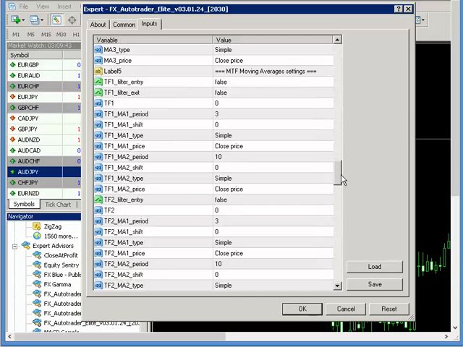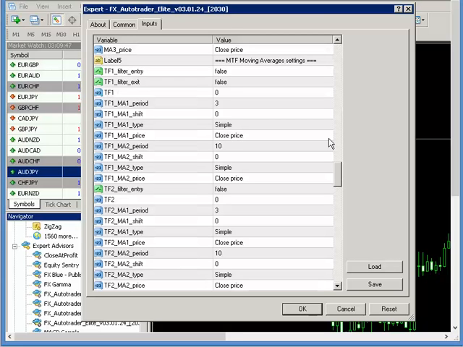We also have multi-time frame moving averages, 3 of them. So if you're trading on the 15-minute chart, but you also want to specify that the moving averages must be in a certain mode on the 1 hour, the 4 hour, and the daily, or whatever, you can set your time frame 1.